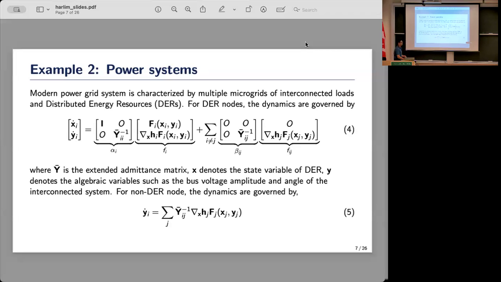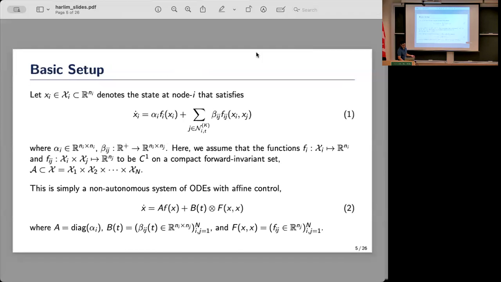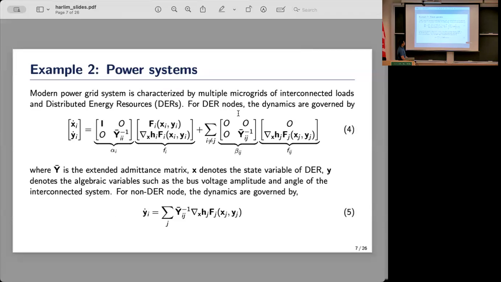You can rewrite them in the form like before, in this particular form. After a long derivation, which you can look at in the appendix if you wish, this is an example of what alpha_i is. Here's your vector field F, the autonomous part. Here's your interaction with other hops, okay? Where Y bar is the extended admittance matrix. You ask me what it is, I don't understand. To me, it's just a matrix, okay?